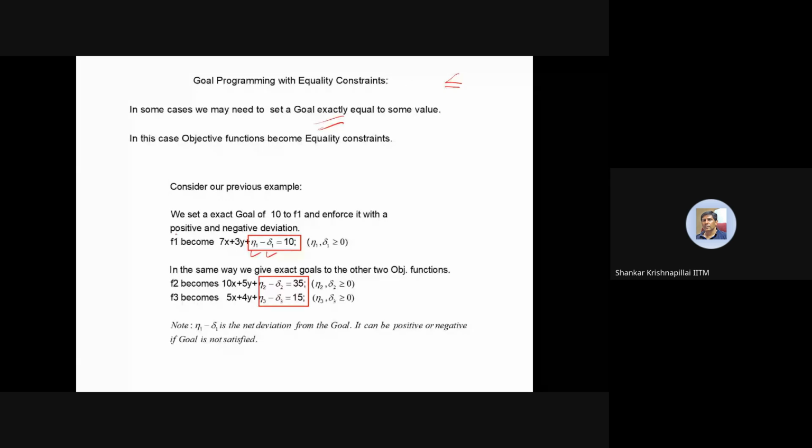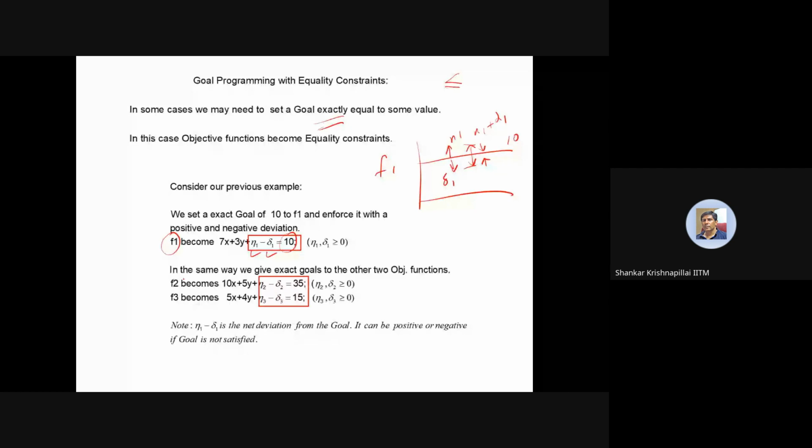Suppose for F1 you are giving a goal of 10, with positive deviation eta 1 and negative deviation delta 1. You have to minimize eta 1 plus delta 1, so it will come closer from both sides, from top and bottom.